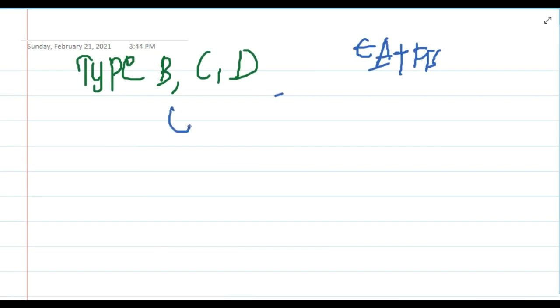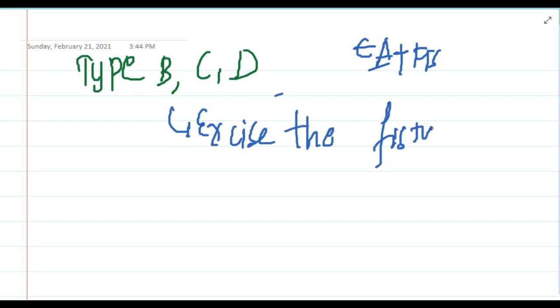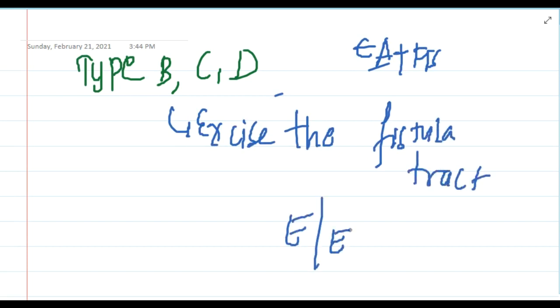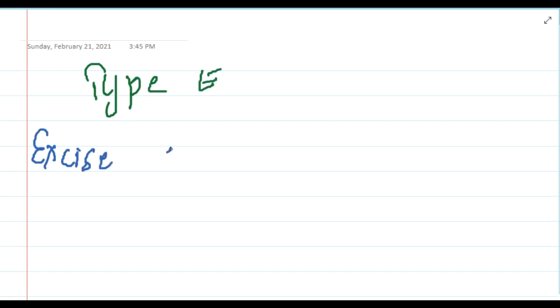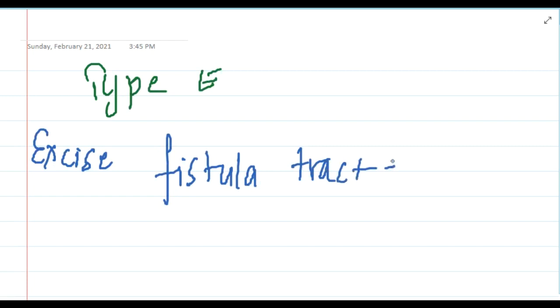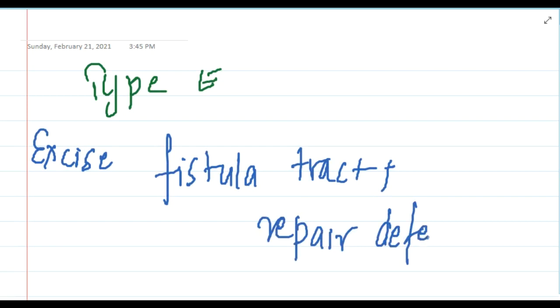So first you will have to excise the fistula tract, and after excision of the fistula tract you will have to do esophagostomy for type B, C and D. And then we have type E. In type E, we first excise the fistula tract, and then repair the defect.